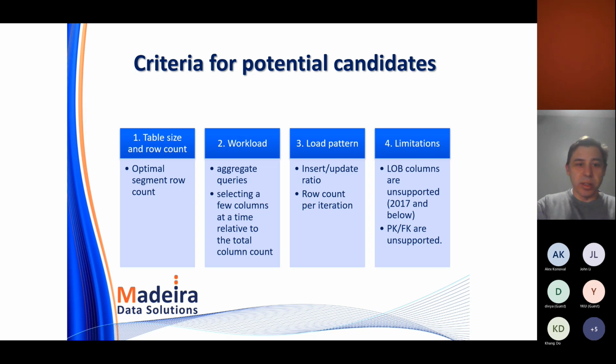But if you have a Columnstore table, on the other hand, and you select only a small number of columns every time, then you don't need to create specific indexes for every query or every set of queries. When you retrieve a small number of columns, 3 or 4 columns out of 20, let's say, then it will be a huge benefit to scan only those columns and not the whole rows.